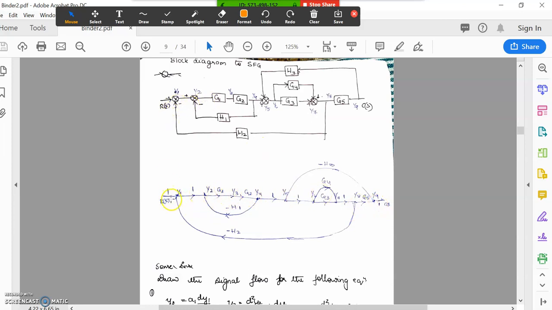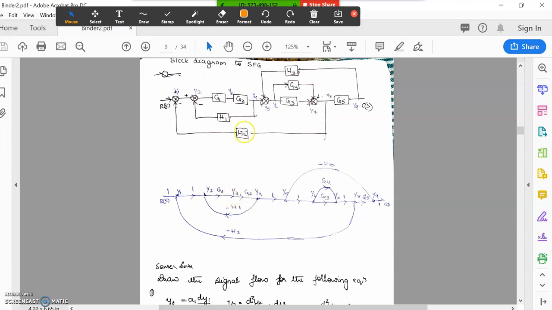Now R to S. There is no gain here, so gain will be 1, it is coming towards y1. y1 to y2, again there is no gain, but there is a signal flowing, so gain will be 1. y2 to y3, there is a signal flowing, look at the arrow, it is going towards y3 and multiplied by g1.